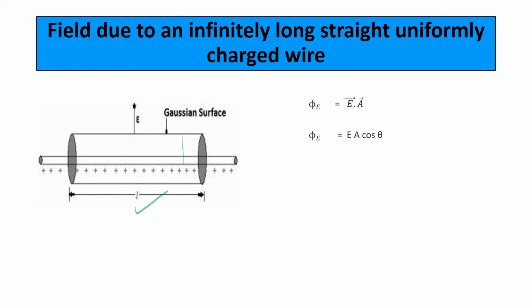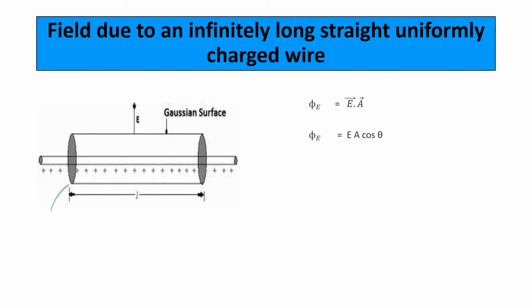Let L be the length of this cylinder and R be the radius of the cylinder. What will be the curved surface area of this cylinder? It will be 2 pi R L, where L is the length and R is the radius of the cylinder. To find out this electric field E, you have to find out the electric flux passing through this surface.